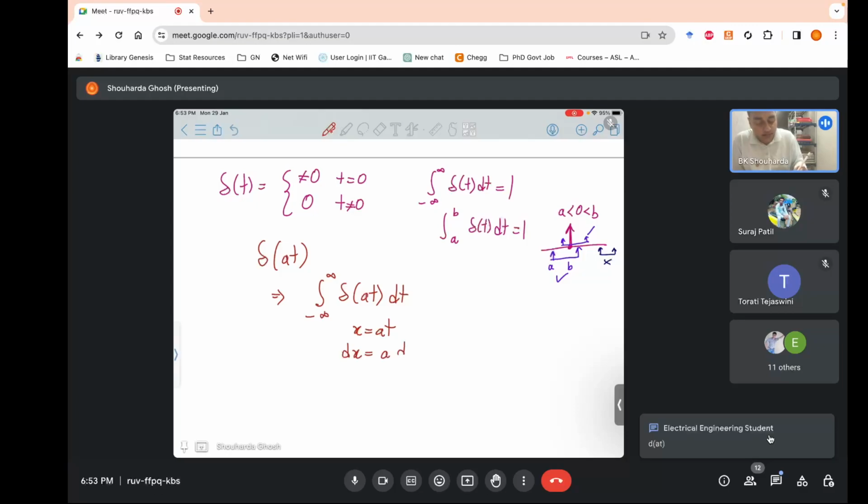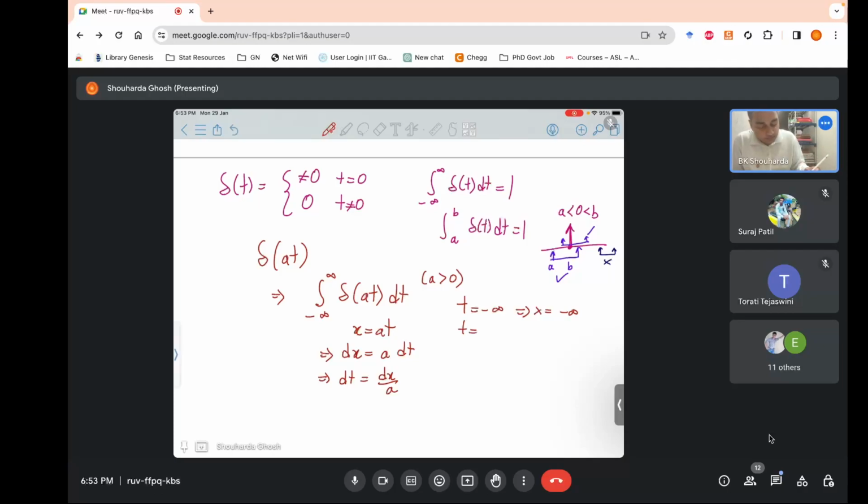So we substitute dt as dx upon a, and when t was minus infinity, x also becomes minus infinity. Simple multiplication. A is positive, very important to note. When t is infinity, x is infinity.